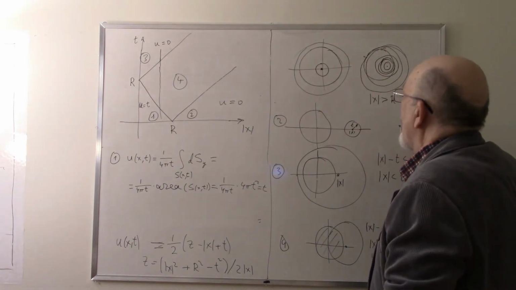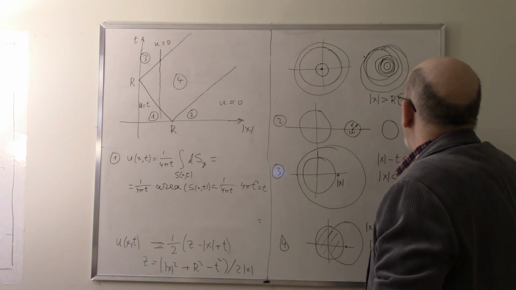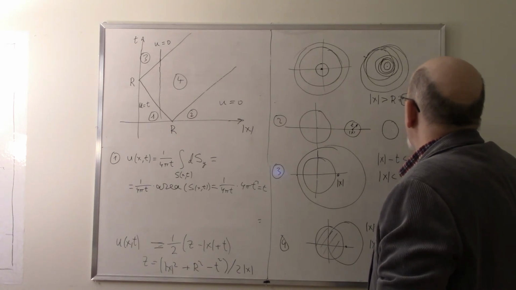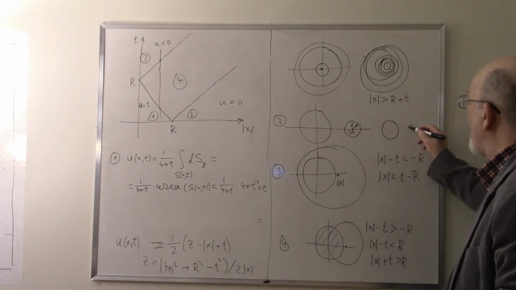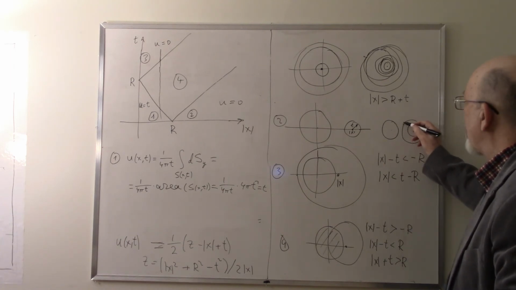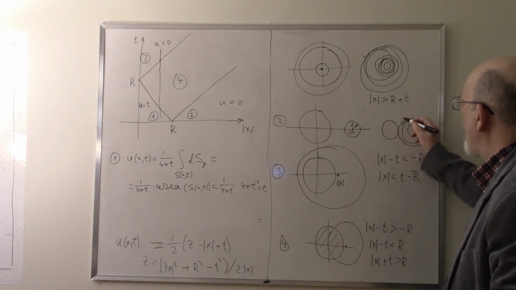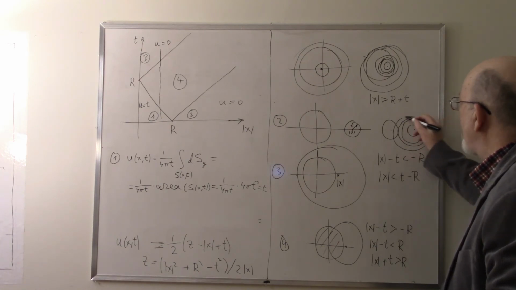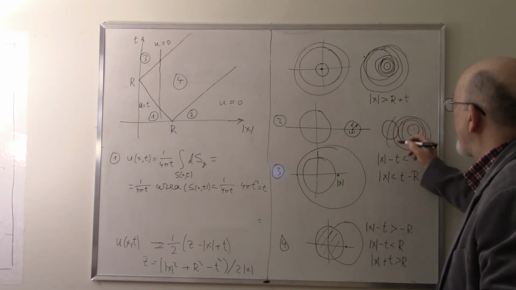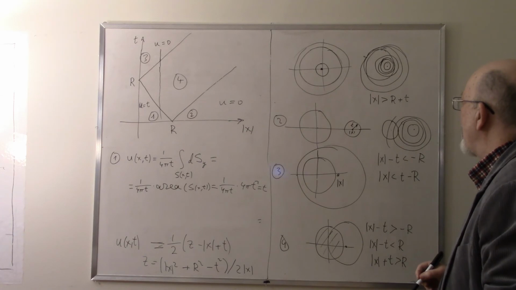Similar things happen when you start from outside of this ball. Our sphere is growing. So we start from 0, it was 0, 0, 0, then it touches this ball, and then it intersects this ball, and the solution is not 0.